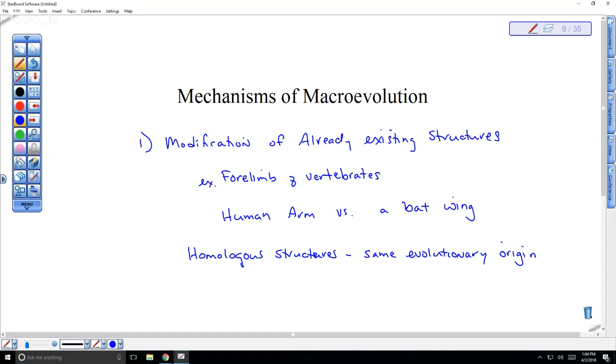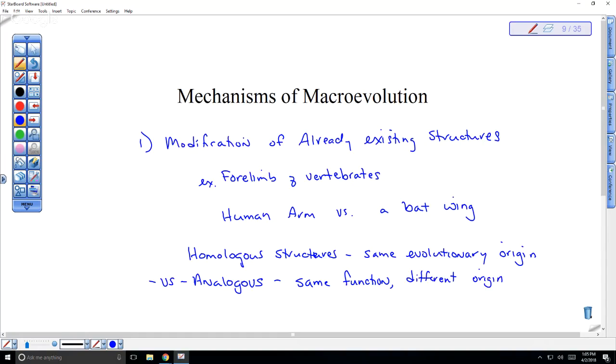Homo means same, okay? Analogous is important too, so this would be versus analogous. So this is the same function, but it has a different origin. So if we looked at a bat wing versus a butterfly wing, butterflies did not modify their walking legs.